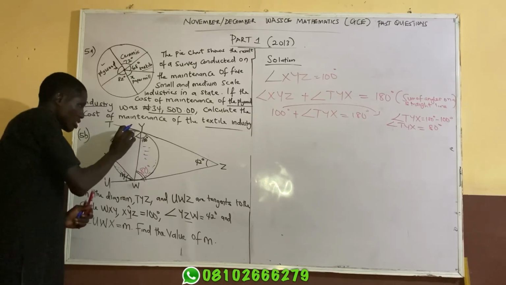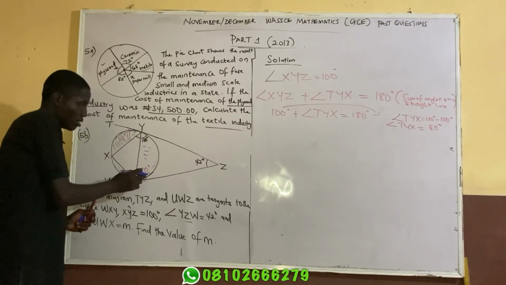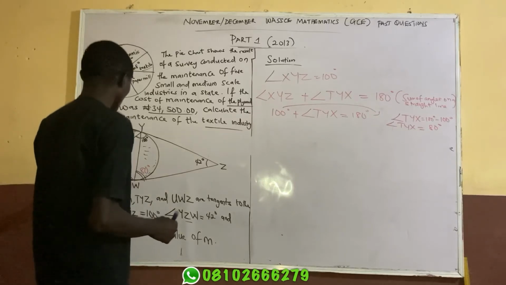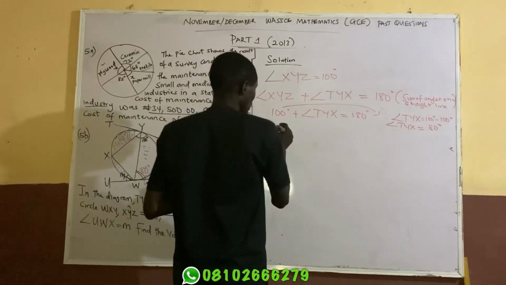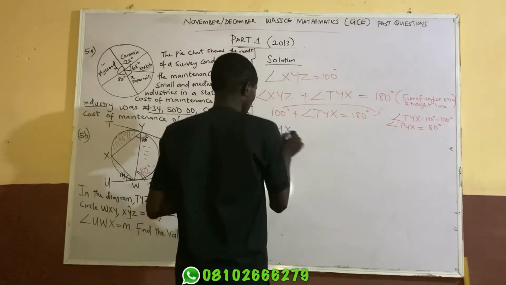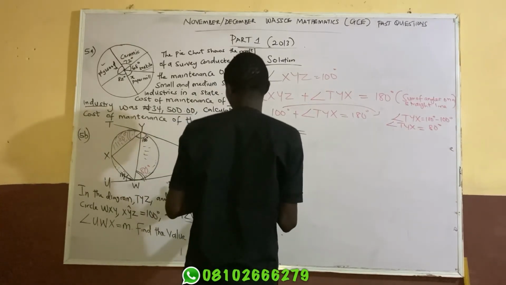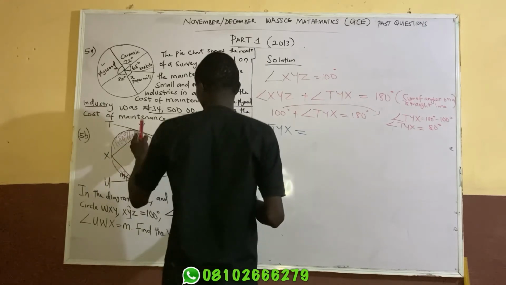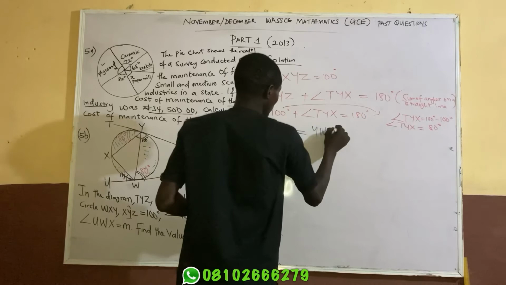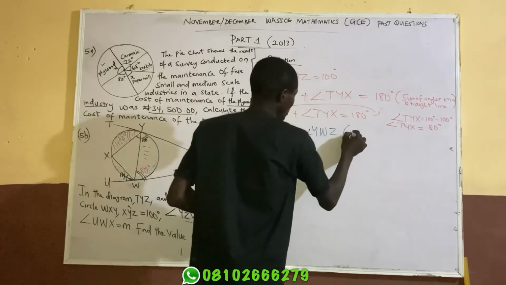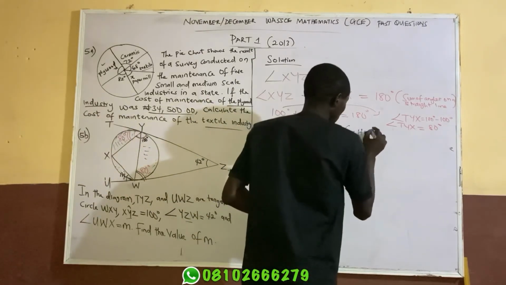So this angle here is equal to this angle here. So angle TYX is equivalent to angle YWZ, alternate segment.